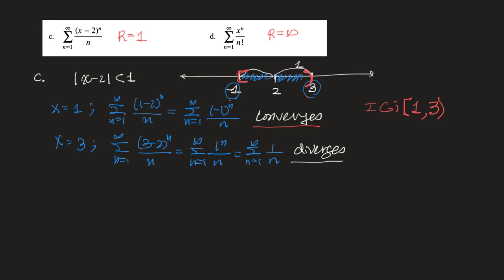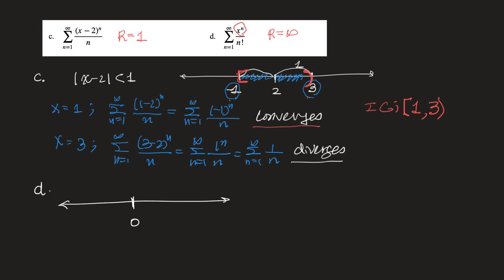Let's do D this time. D has radius of convergence infinity. This series has center 0. So the x values that make this series converge extend to infinity, meaning from 0 the distance is infinity.